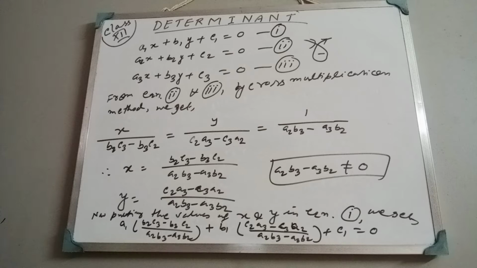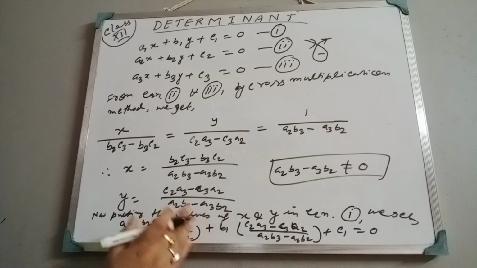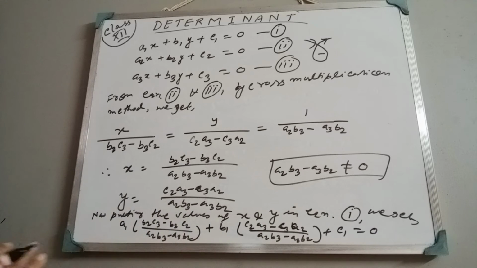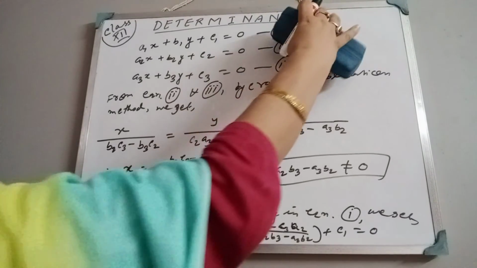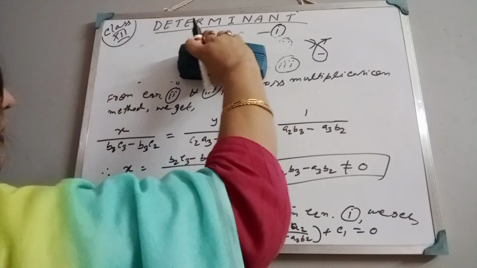Better to write this as a2b3 minus a3b2. Next step, we will write a1 into the numerator plus b1 into the numerator plus c1 equals to 0. There is no place to write, so let me rub these three equations.